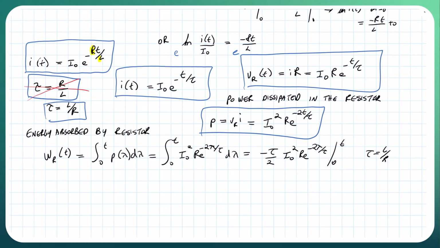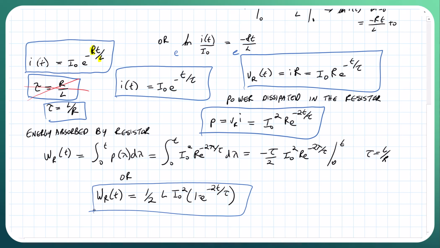Or we can just rewrite it as W sub R of t in terms of time is one half L I naught squared times one minus e to the minus 2t over tau. And that's how we get that energy absorbed.